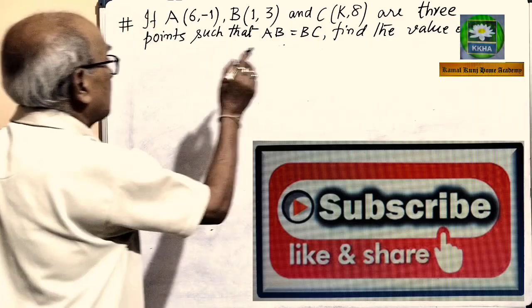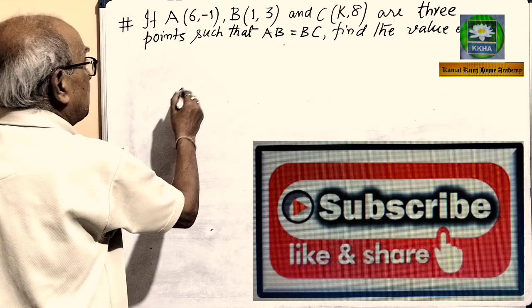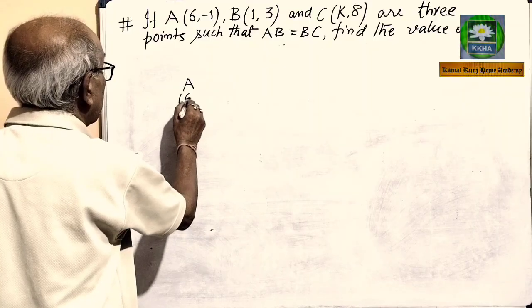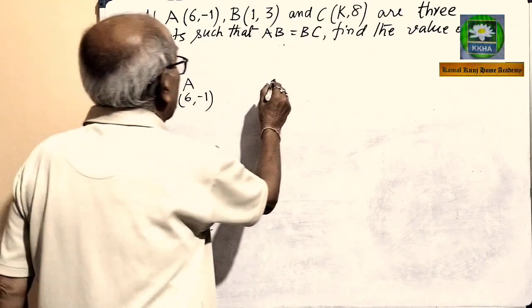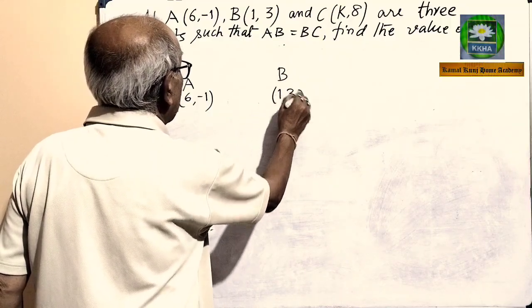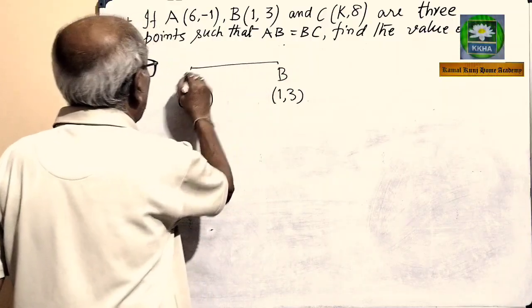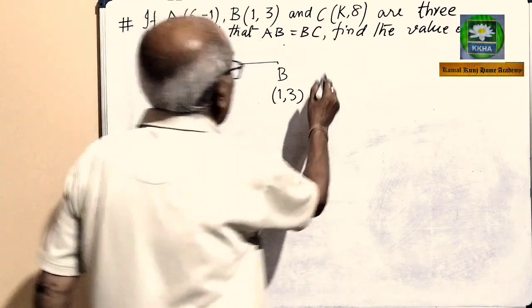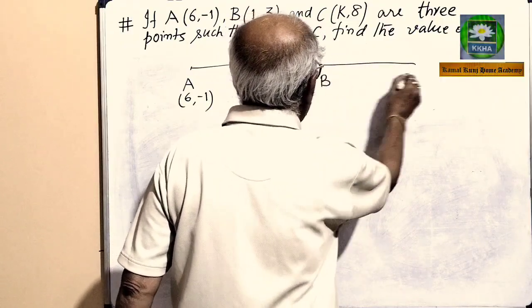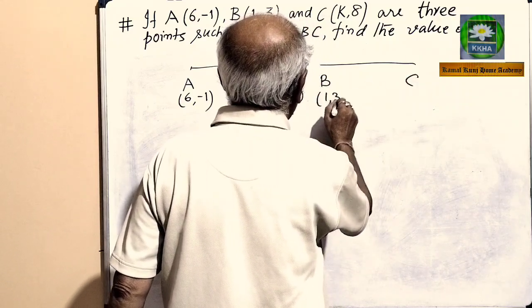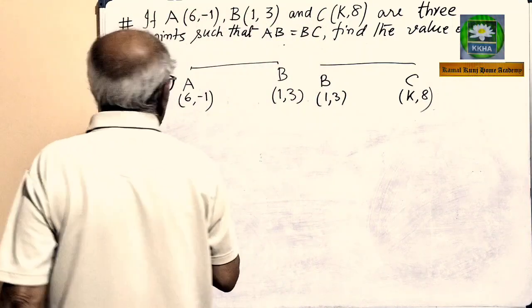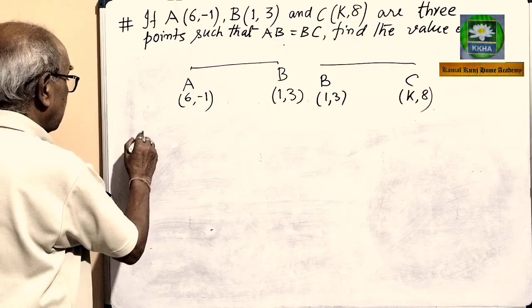Then find the value of K. The coordinates of A are (6, -1), the coordinates of B are (1, 3), and the coordinates of C are (K, 8).